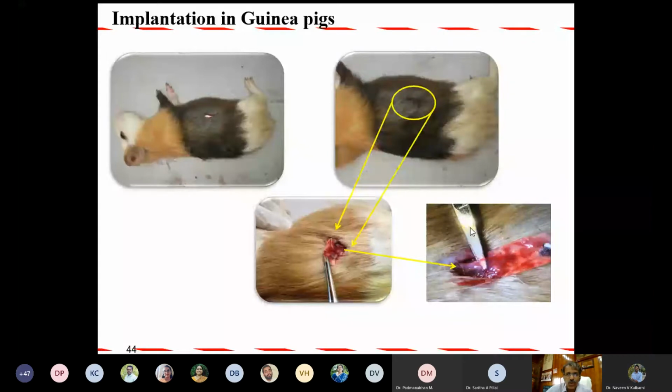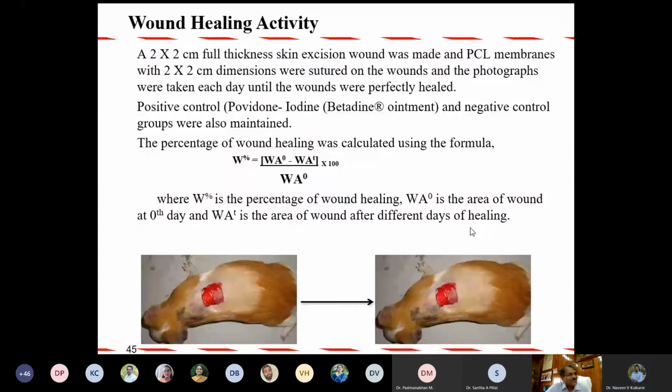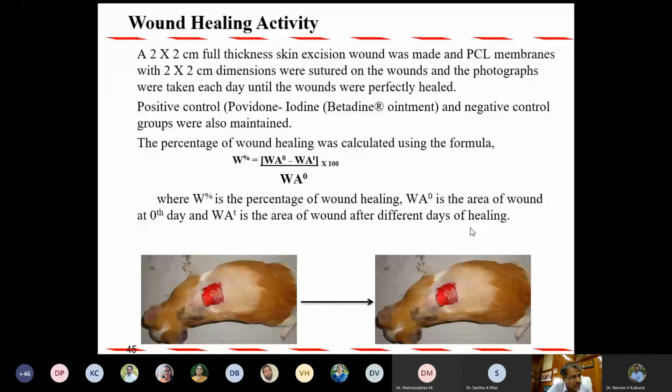You look at the in vivo profile of this new wound healing tape. You can see the guinea pigs, we made sacrificial wounds and closed the wound with this tape.